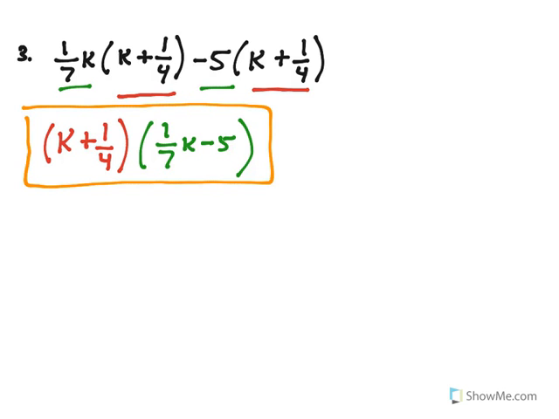Now, what happens when we get a problem that is like this? So now you have a 4-term polynomial. Now we're going to have to start the factoring process, unlike the previous 3 examples.